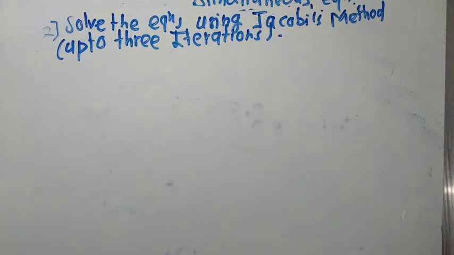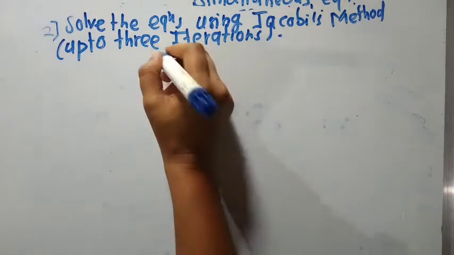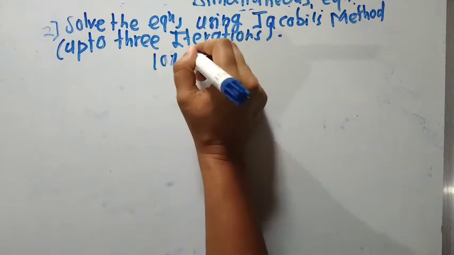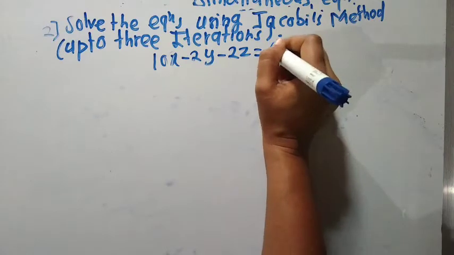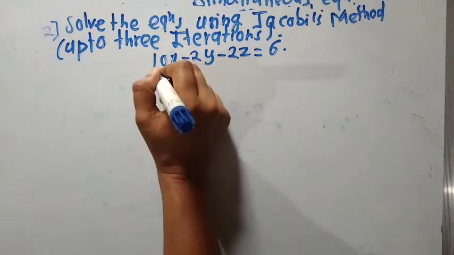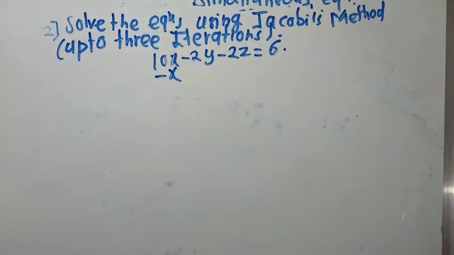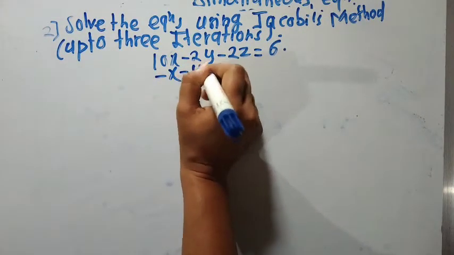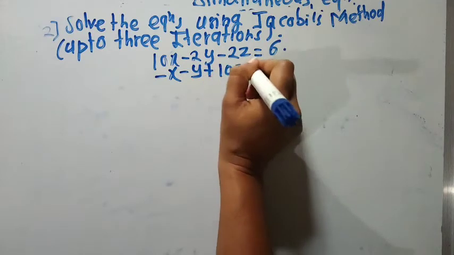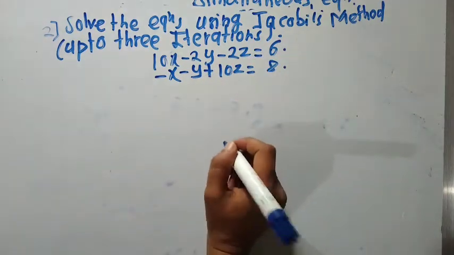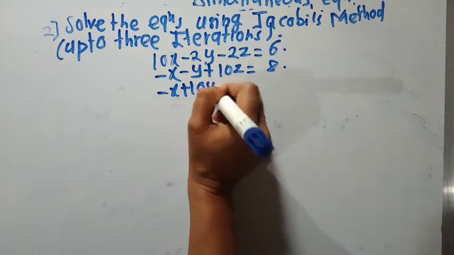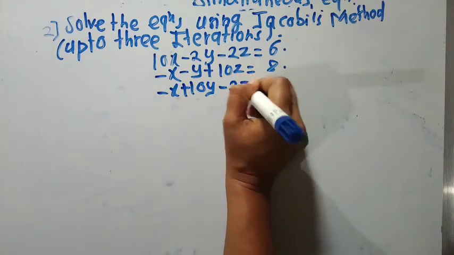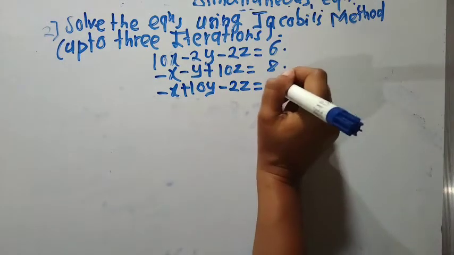The equations are 10x minus 2y minus 2z is equal to 6, then minus x minus y plus 10z is equal to 8, and minus x plus 10y minus 2z is equal to 7.